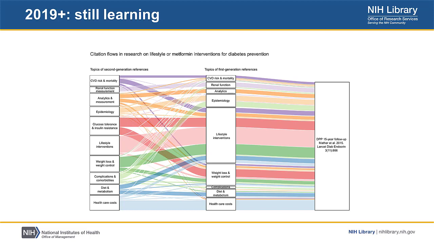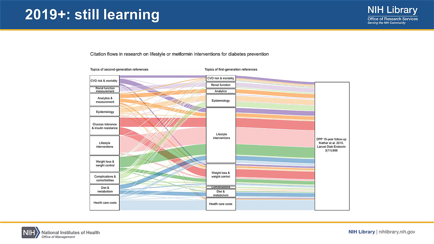What you're looking at here is an alluvial diagram where I'm tracing the citation flows between research topics among several generations of publications. So I'm starting with a final systematic review, and we wanted to trace 2 generations of citations to say, how did these different research areas converge into a single clinical trial or a single research outcome?